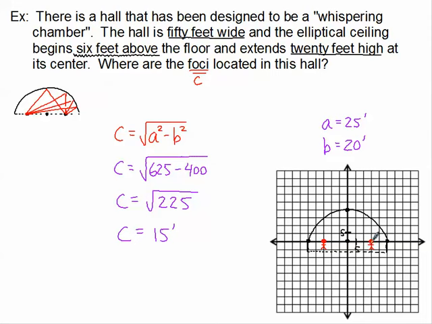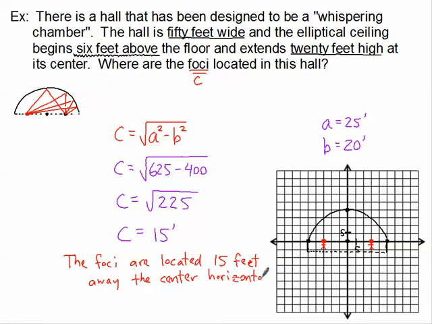Okay, so word problems end in words, and I do not see any words yet. So I have to answer in words. The foci are located 15 feet away from the center, and I might say horizontally, and don't forget 6 feet above the floor.